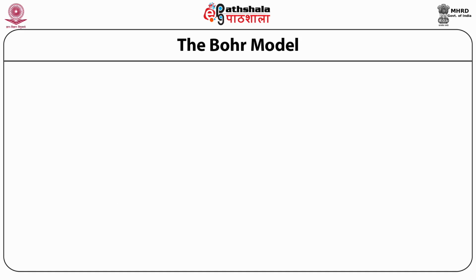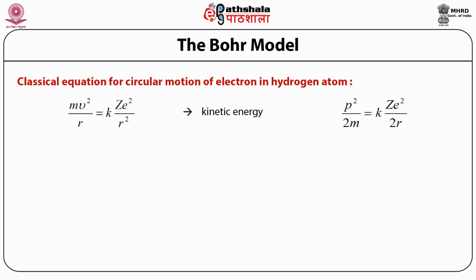What is the Bohr model? In the Bohr model, there are basically two equations. The first equation is really the classical equation for circular motion of the electron in a hydrogen atom. So we write m v squared by r, which is the centripetal force, and that should be equated to the electrostatic force, that is k z e squared by r squared, where k is the Coulomb constant, because we are measuring everything in mks units.